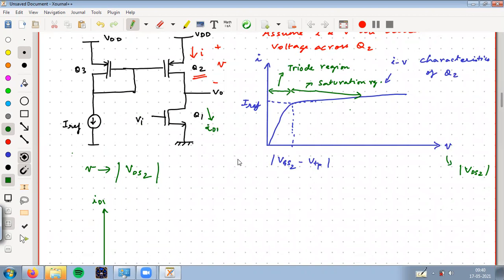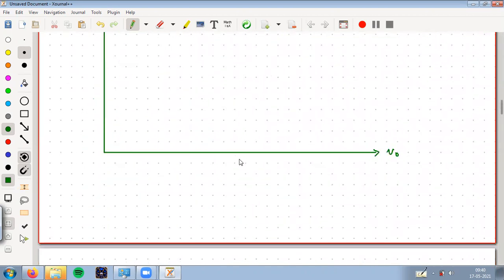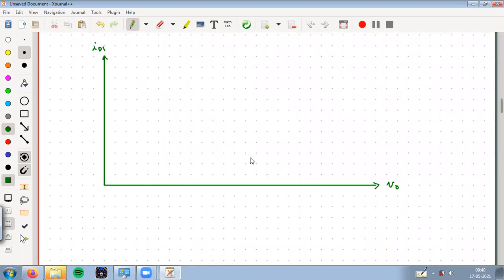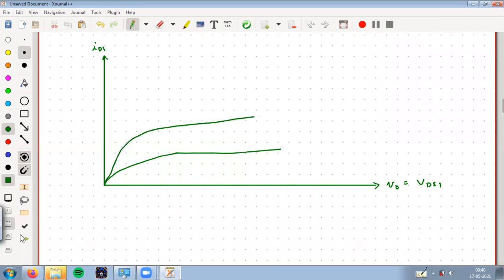So I'm drawing ID1 versus V0. V0 is simply VDS1. When I draw that, for different values of VGS, I get different curves.